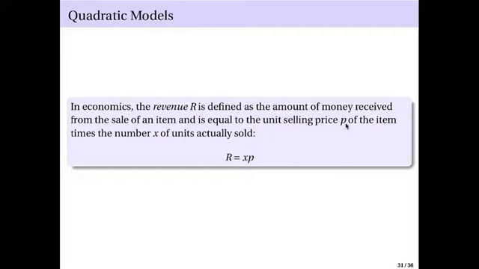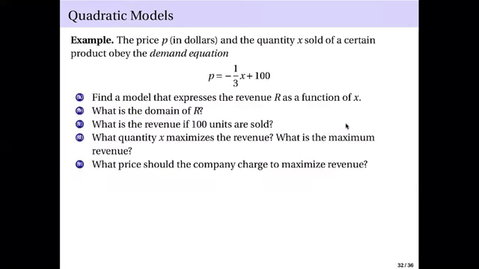In here, the price P in dollars and the quantity X sold of a certain product obey the demand equation given by this: P equals negative 1/3 X plus 100.